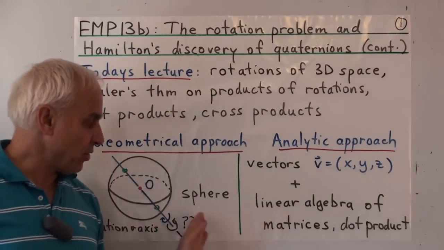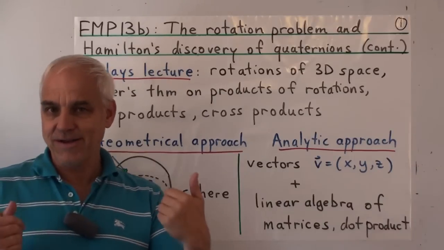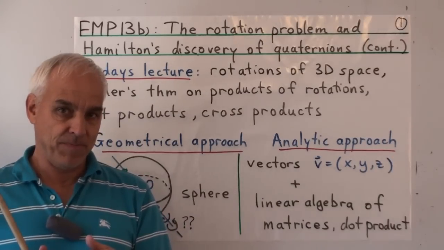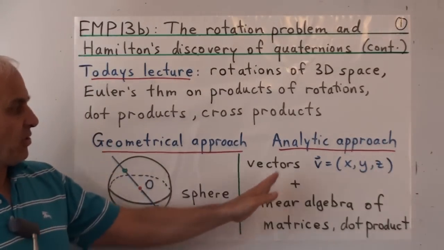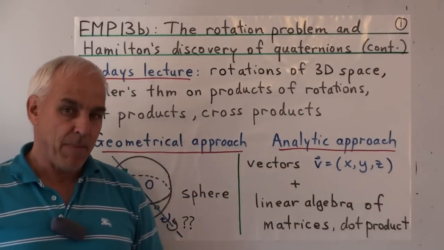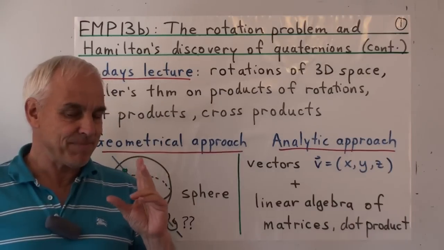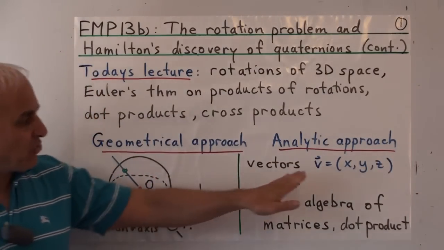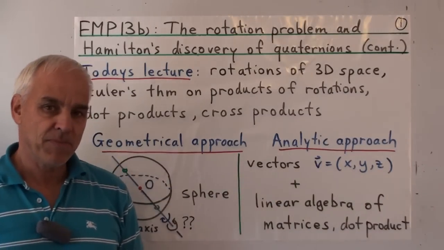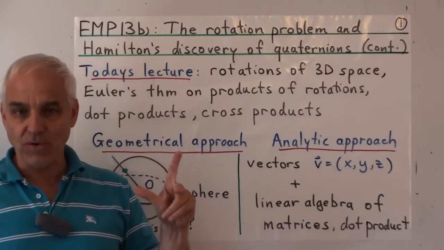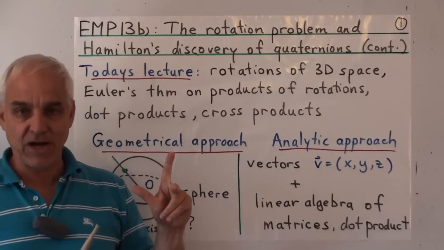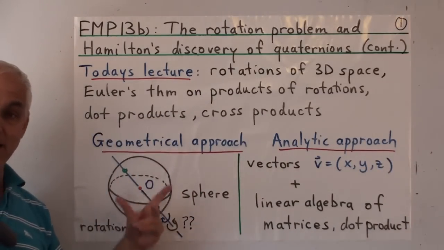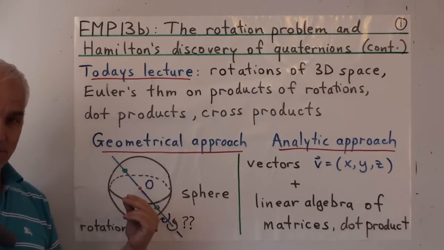So although these are very closely linked, one should be aware that there are subtle differences and perhaps even a little bit of tension between the two of them. There's many advantages in working with the analytic approach, but there is also a possibility of a little bit of confusion, because when we introduce coordinates, we are placing distinguished roles to three particular directions in our space, which are not really inherent in the geometrical picture.